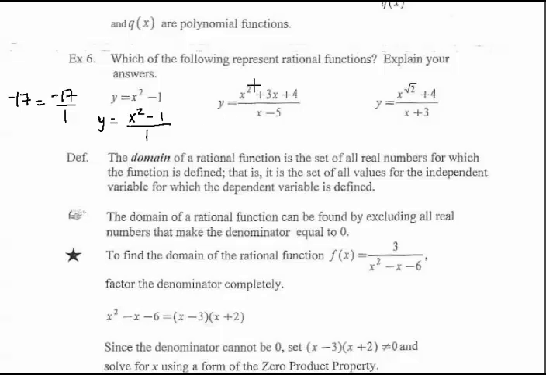Alright, now with this one, we see it's in fraction form. There's something in the numerator and the denominator, so it looks like a fraction. But now all we have to do is go and check off on the exponents. 2 is a whole number. When an exponent isn't written, it's understood to be 1, so this one has a whole number exponent. Likewise, the x on the bottom has a 1, that's a whole number. And then we're just left with 4 and negative 5.